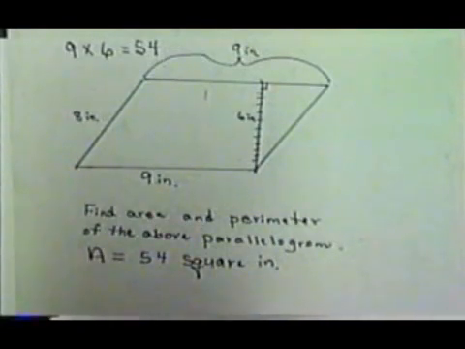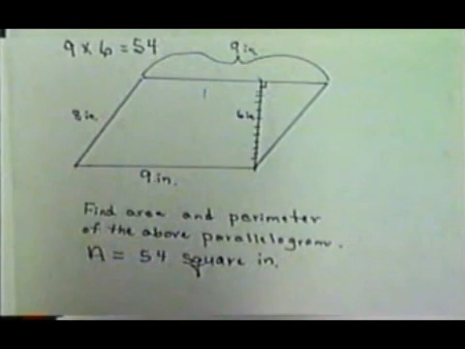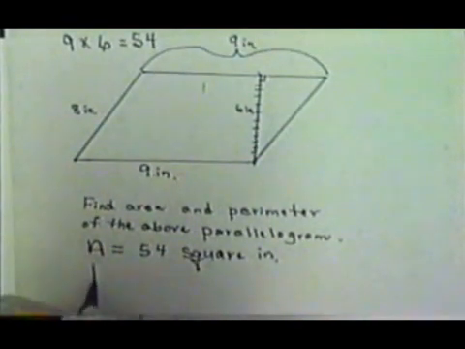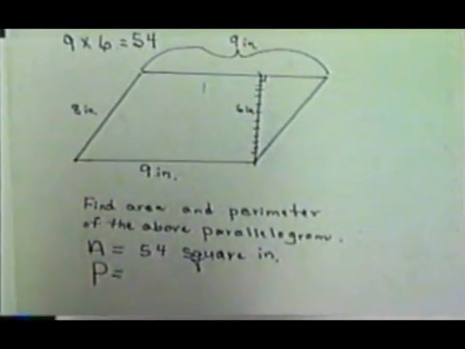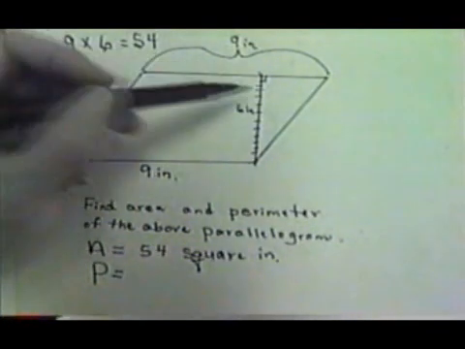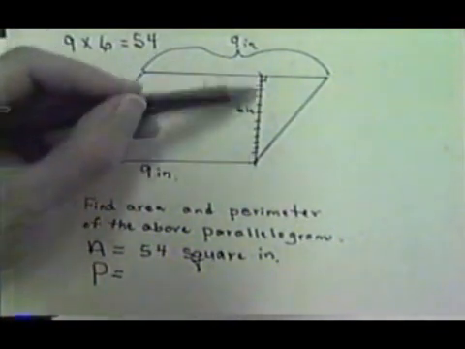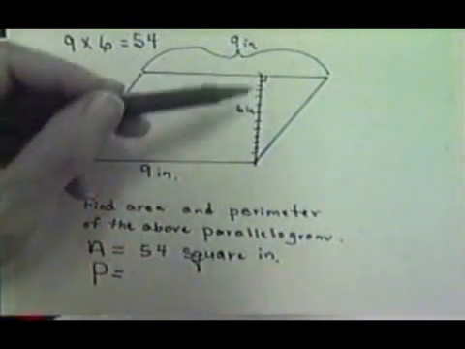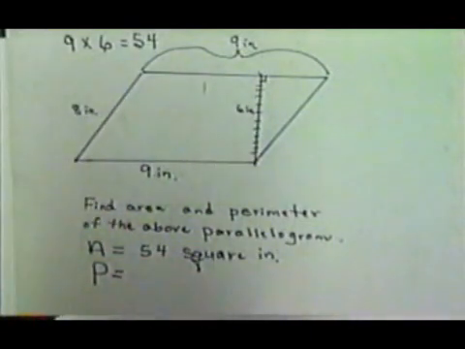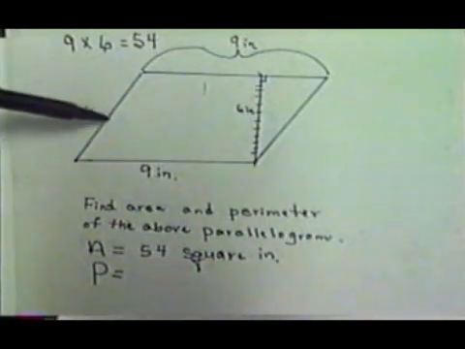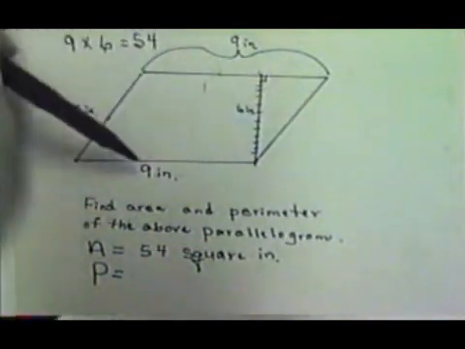Okay, the other thing I asked you to find was the perimeter. So let's find the perimeter. To find the perimeter, you just add up all your sides. Now, the height here is not one of the sides. It's not a side, but you have to have it to come up with the area. But to find the perimeter, we're just concerned with the sides. So we have a side here, a side here, a side here, and a side here.